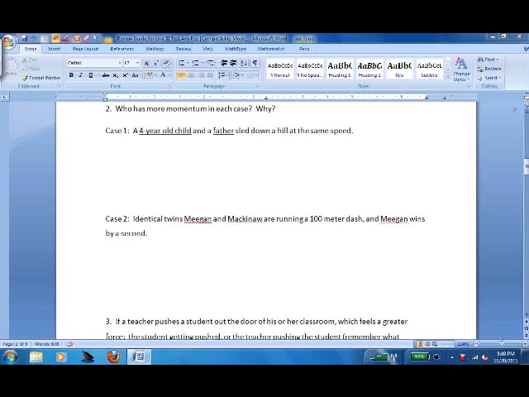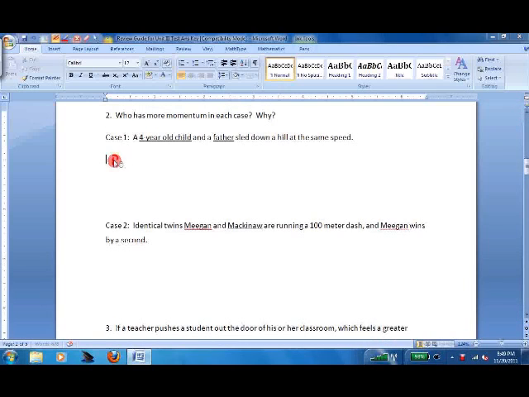Who has more momentum? Well, before I do anything else, I write down p equals m times v. That's the momentum formula, where m is mass and v is velocity.